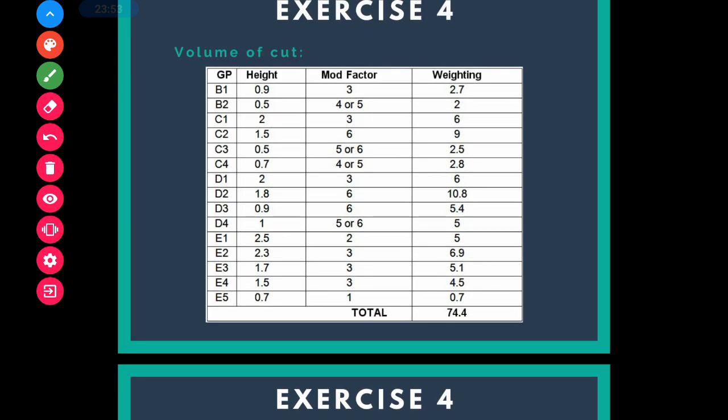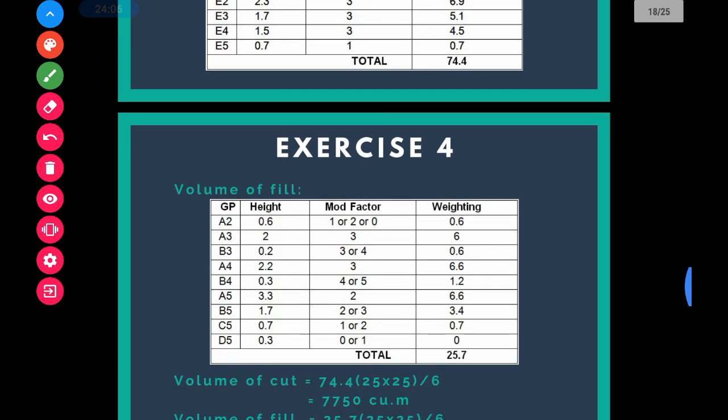If you look at the mode factor, for certain points it has more than one answer. The reason is that the judgment of every person is not the same.